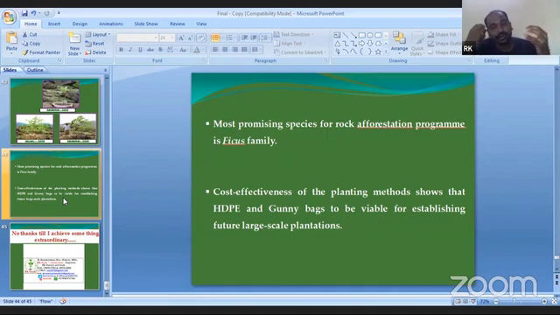If bats take the fruit as feed and disperse seeds to other areas, it will enrich the biodiversity. Here we are talking about afforestation. Ficus is a good species for enrichment of biodiversity, so you go for ficus species.